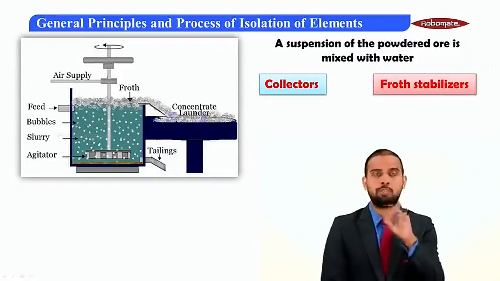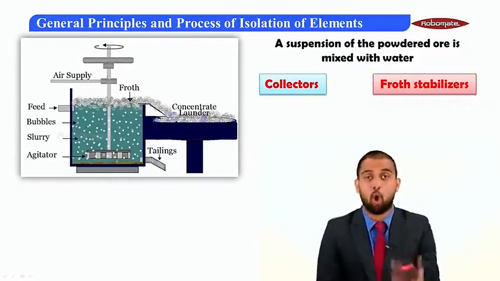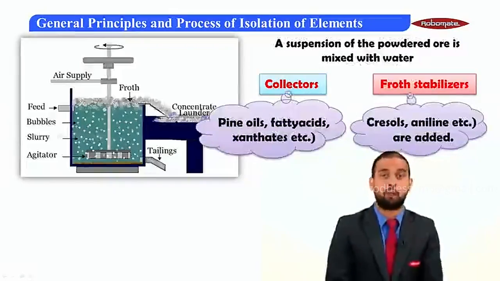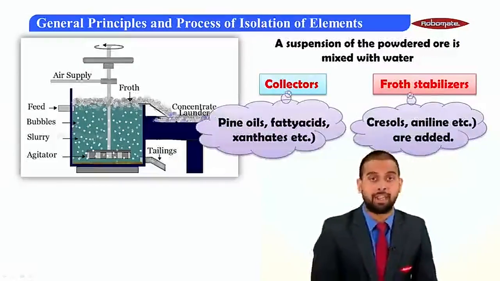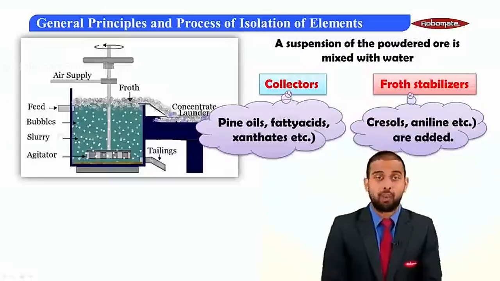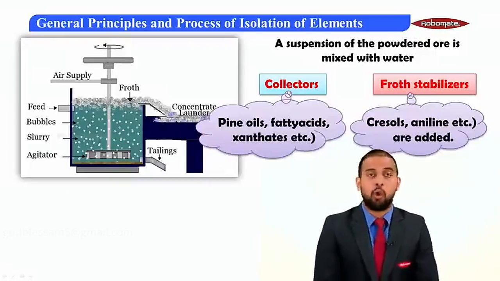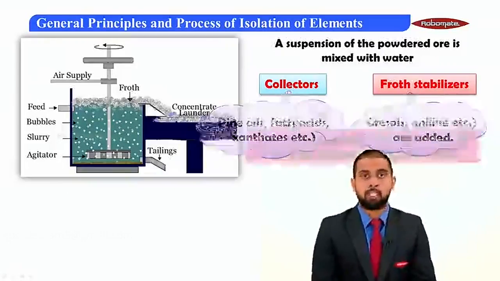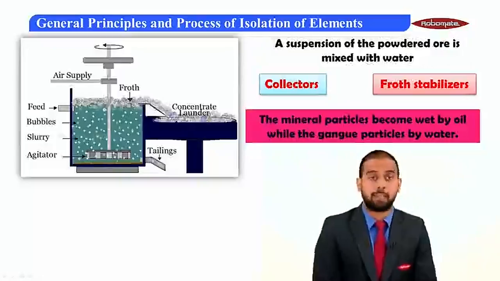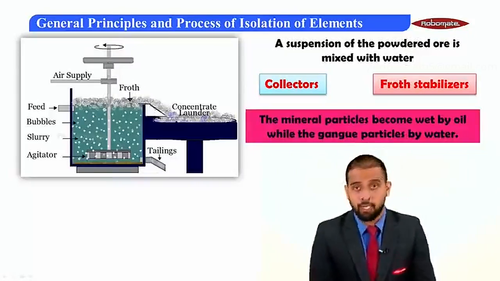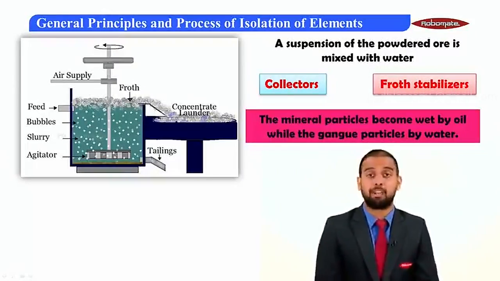All these words mean only one thing: we are adding oil. The kind of oil that we add are pine oils, fatty acids and xanthates, whereas froth stabilizers are substances like cresols and aniline. Once we add all these components, the sulfide particles will prefer to get wet by oil and the gangue particles will get wet by water.